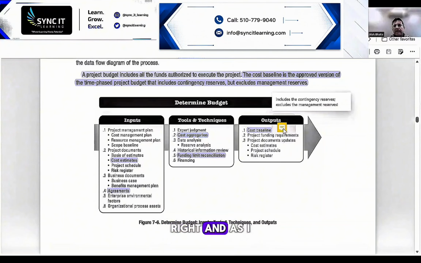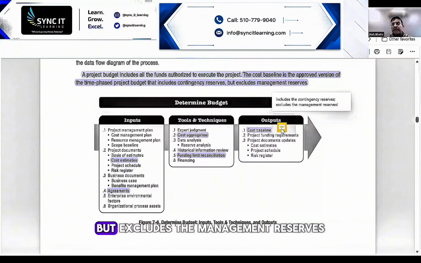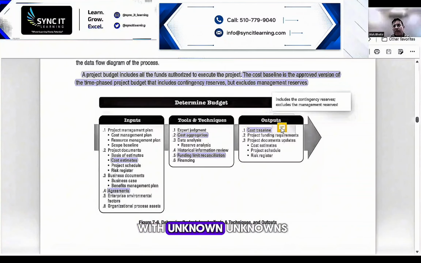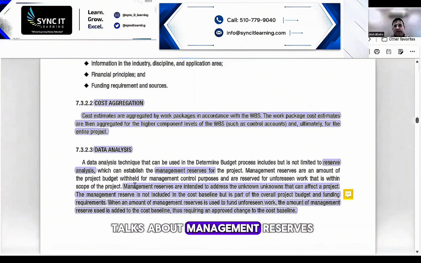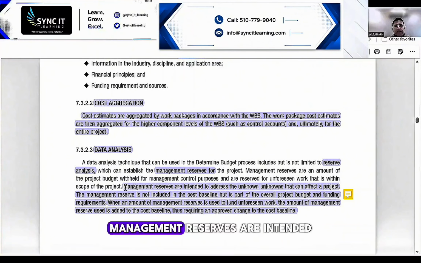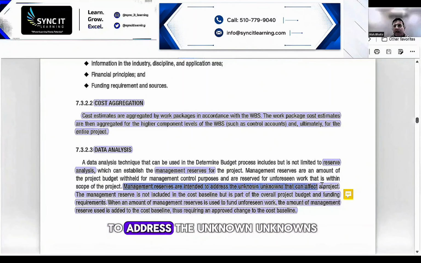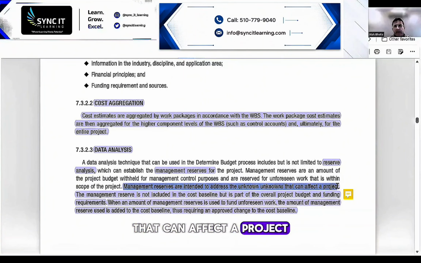As I made you write five minutes ago, the cost baseline includes the contingency reserves, which are used to deal with known unknowns, but excludes the management reserves, which deal with unknown unknowns. Page number 290 talks about management reserves. Management reserves are intended to address the unknown unknowns that can affect a project.